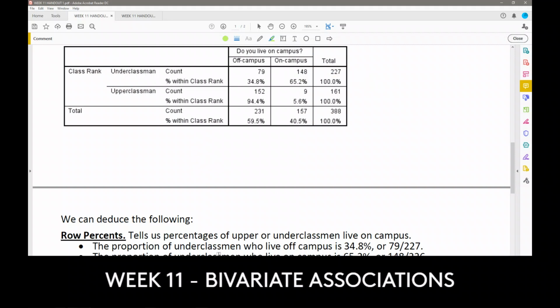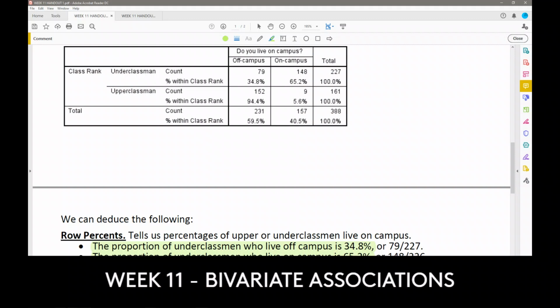We can see here, based on the percentages, that the proportion of underclassmen who live off campus is 34.8%, or 79 individuals out of the 227 total. If we look at the number of underclassmen who live on campus, we derive a percentage of 65.2%, which is derived from the 148 over the total number. This actually should say 227.